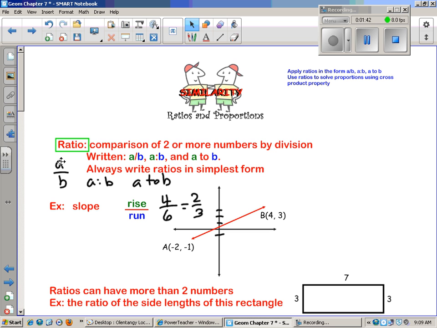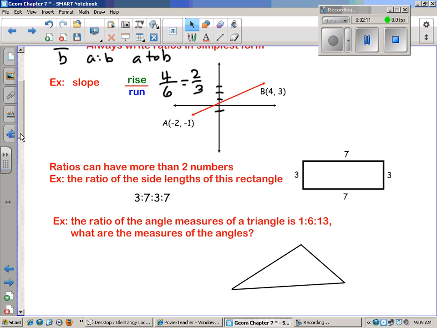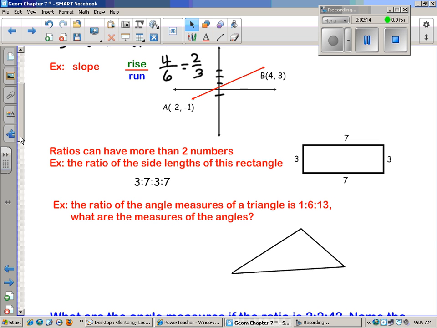All right, so if we put this in terms of geometry, a lot of times you'll work with figures that have a ratio of their angles, of their sides, between two figures. Okay? So if I had this problem, the ratio of the side lengths of this rectangle is 3 to 7 to 3 to 7.